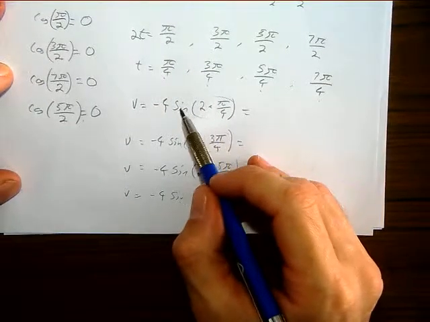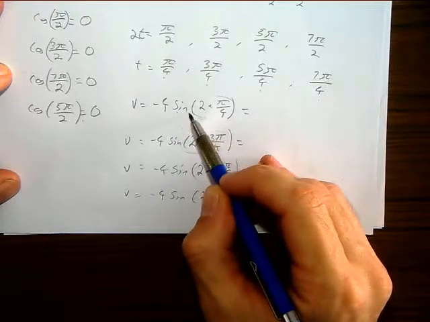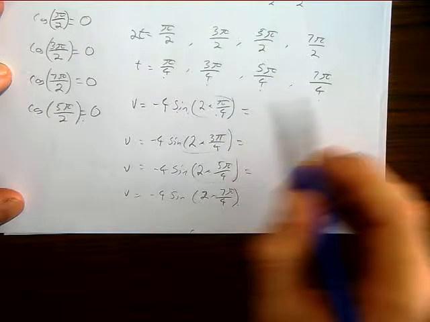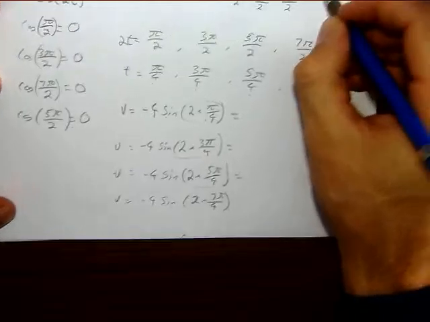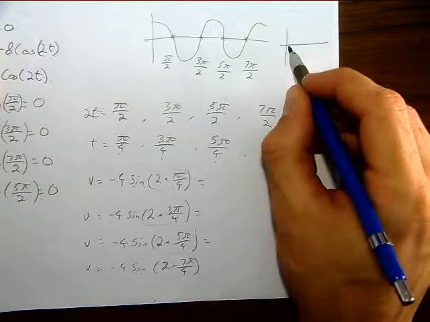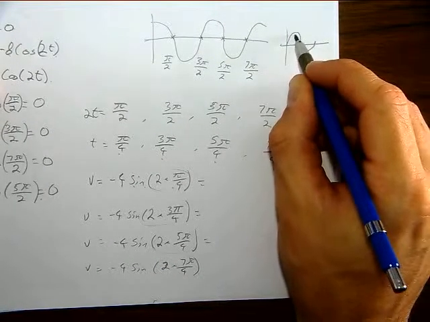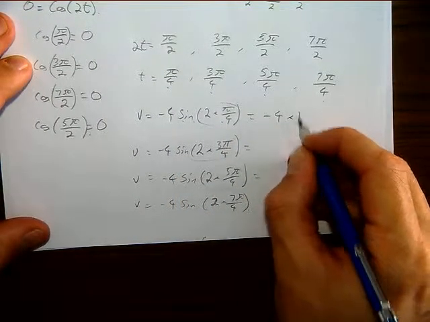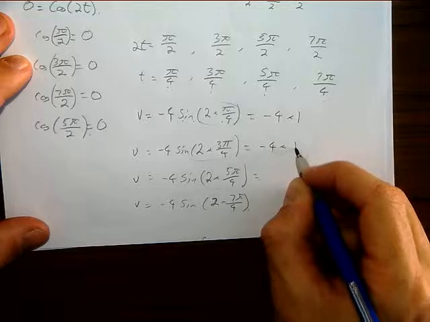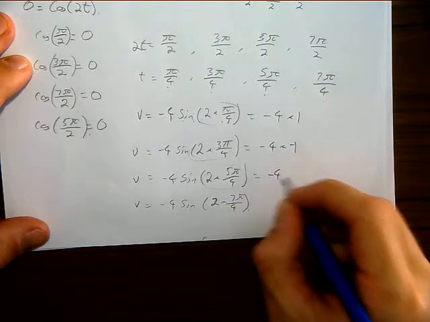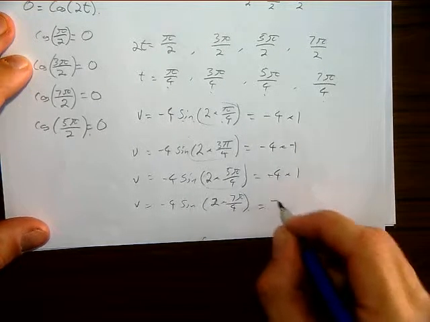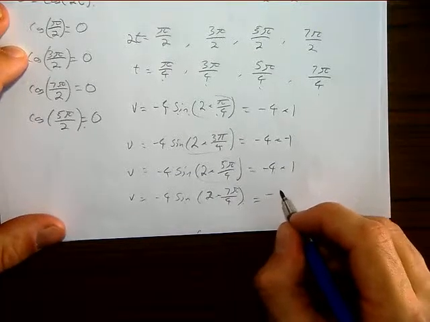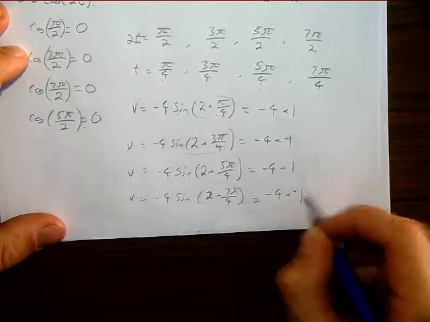So what's sine of pi on 2? Think about our sine wave. At pi on 2 we're at 1. So this is negative 4 by 1, negative 4 by negative 1, negative 4 by 1, and negative 4 by negative 1.